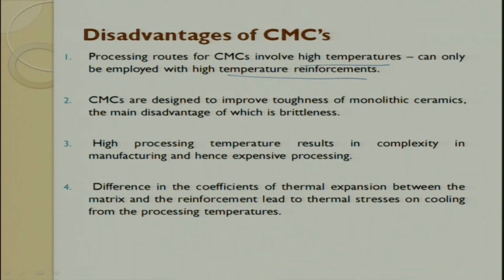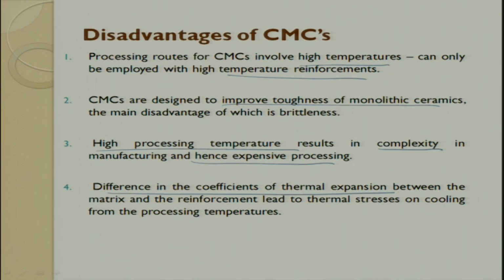Two, it is used to enhance the toughness property. Because of the toughness property, you also have to see the match in the grain size, the match in their properties between these two. The next thing is, since higher processing temperatures are there, there is a lot of complexity and the process is pretty expensive.